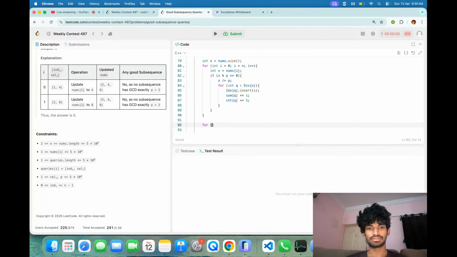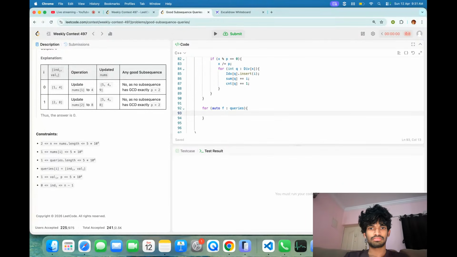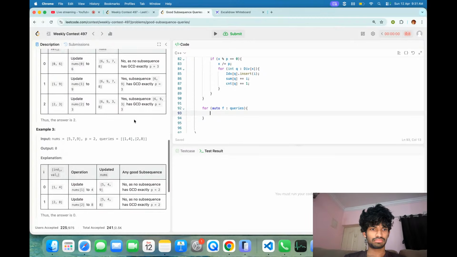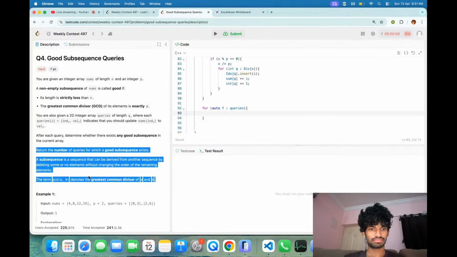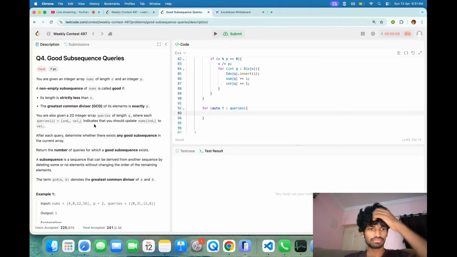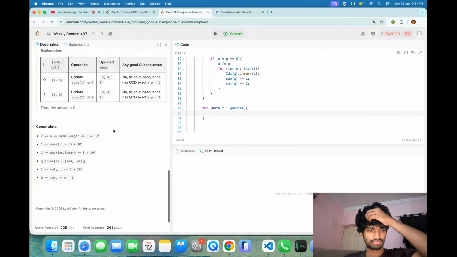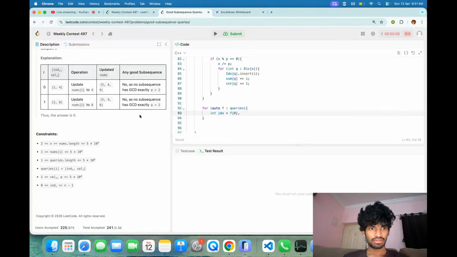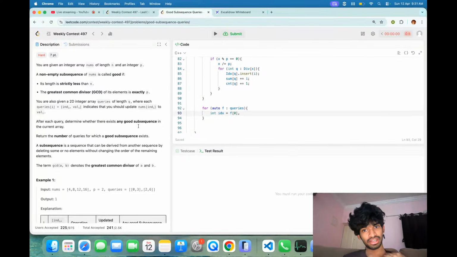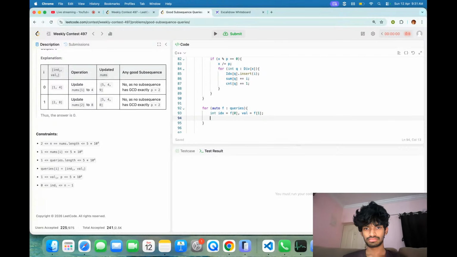Now what should you do with queries? We'll get idx equals f of 0, because the format is index comma value. Now we have to find its current value in the array.